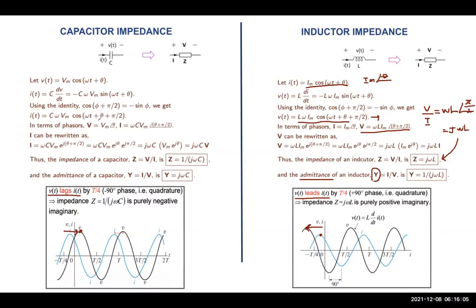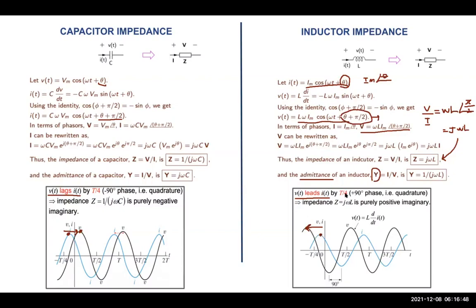As you can see, the phase of the current in time is theta plus pi over 2, and the phase of the voltage is only theta. So obviously theta is less than theta plus pi over 2. That means the current comes before the voltage. Similarly, in the inductor, the current has the phase theta and the voltage has theta plus pi over 2. Therefore, the voltage will come before the current.